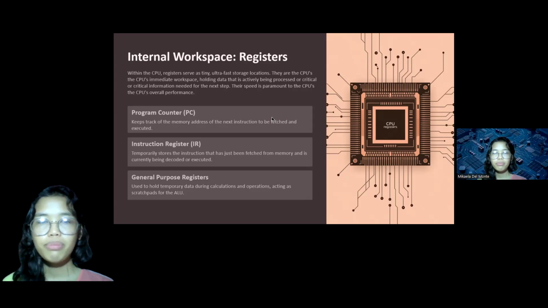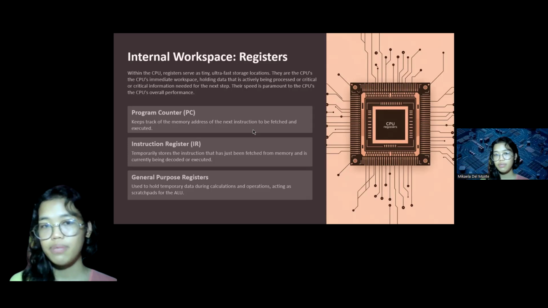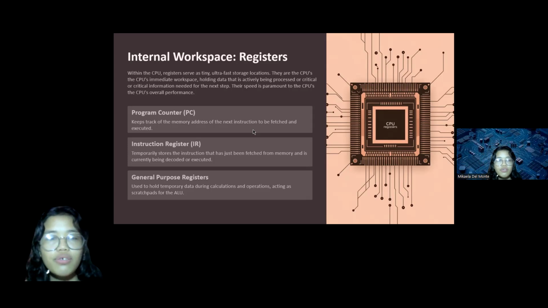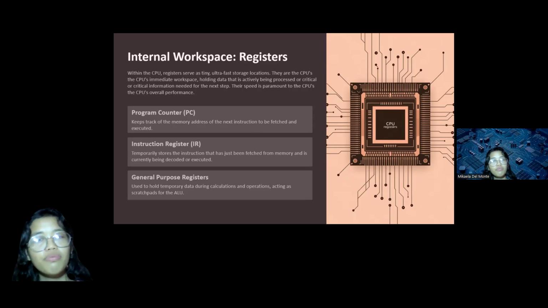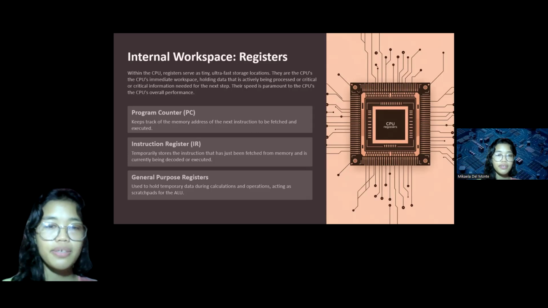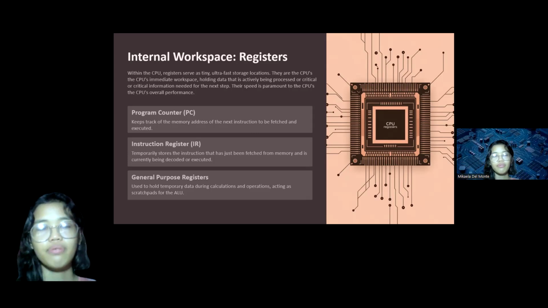First one is the program counter. The program counter keeps track of the memory address of the next instruction to be fetched and executed. So basically, it holds the address for the next instruction. Next one, the instruction register. This temporarily stores the instruction that has just been fetched from the memory and is currently being decoded and executed.